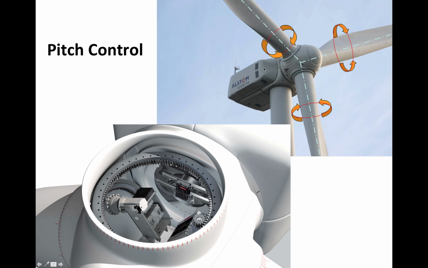The mechanics of doing this rotation actually has some similarity with the active yaw control system we talked about in the last video. Here, this whole thing is inside the rotor hub.